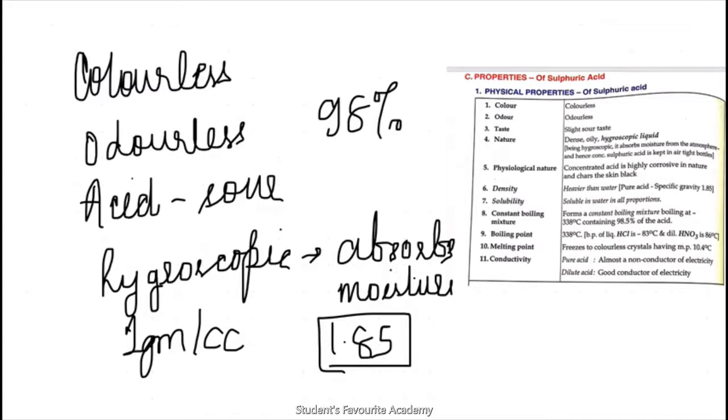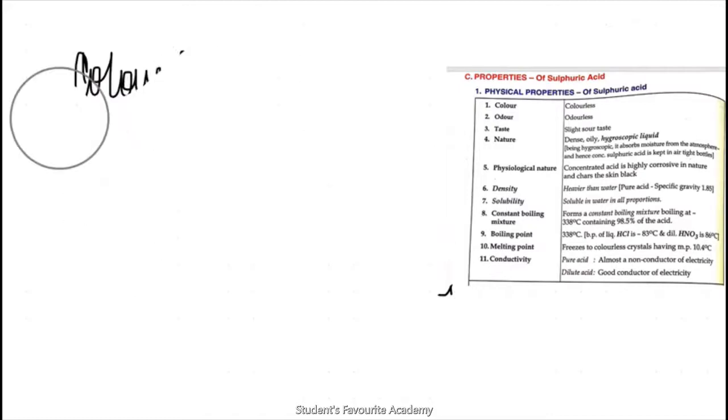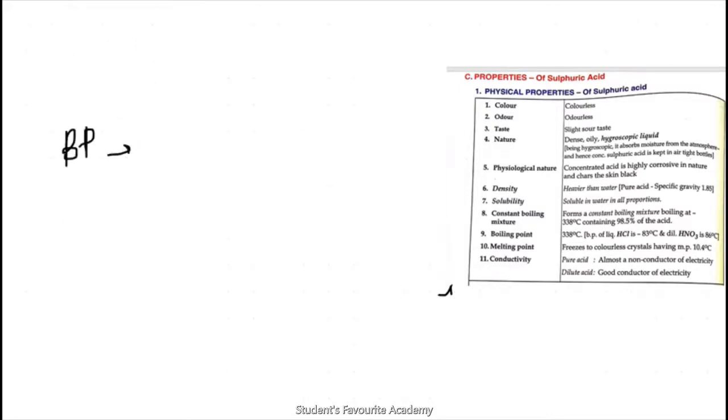Then the constant boiling mixture. It forms a constant boiling mixture, boiling at 338 degrees Celsius and containing 98.5 percent acid. Then the boiling point, children, is 338 degrees Celsius, which is the temperature at which this liquid starts boiling.